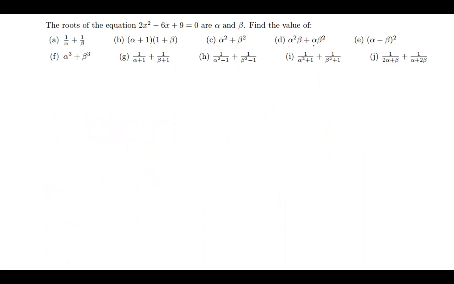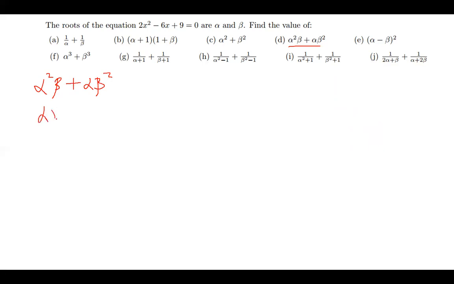So we move on to this one. How can you simplify that? Simplifying that will be alpha squared, let me copy it, plus alpha beta, and then you have plus beta squared. Here you can factor out what is common. Alpha and beta are common there.